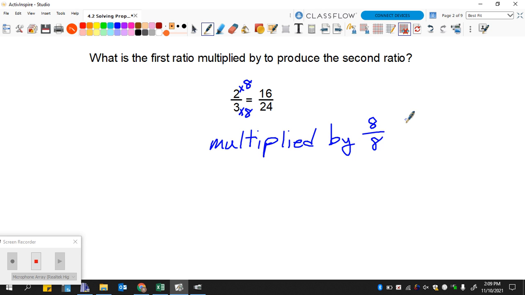And if you notice, 8 over 8 is the same thing as multiplying by 1, so we're not changing anything. You can't just say 8, because we're multiplying both the numerator, or the top, and the bottom by 8. So it has to be 8 over 8.